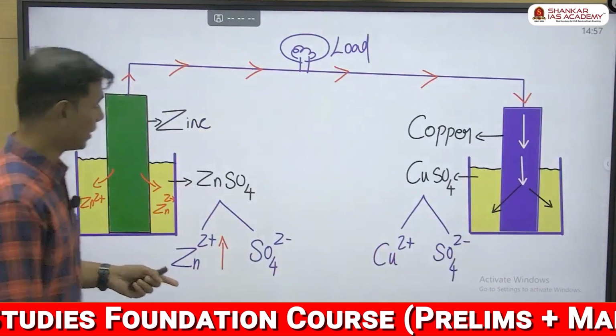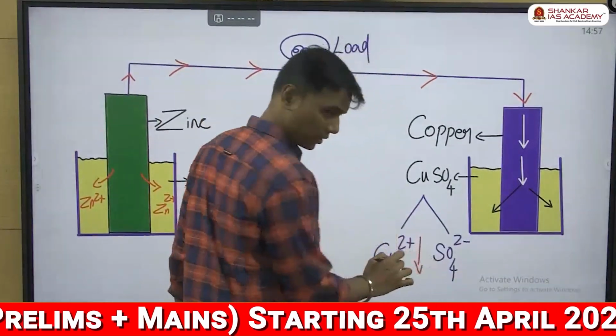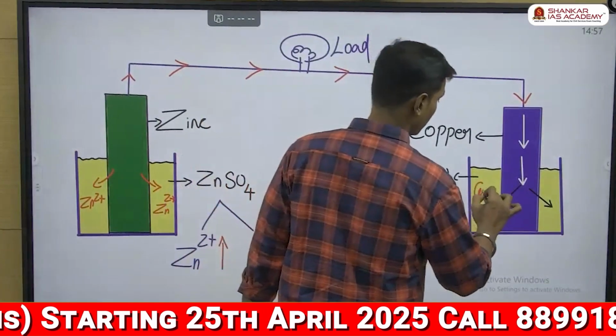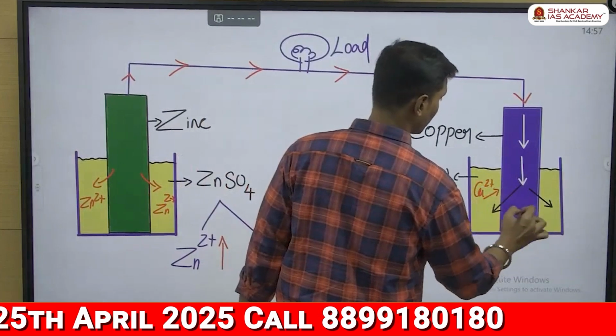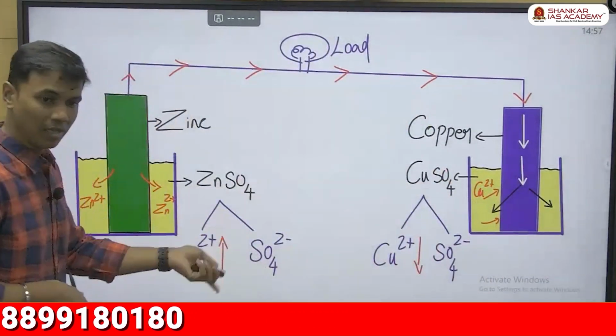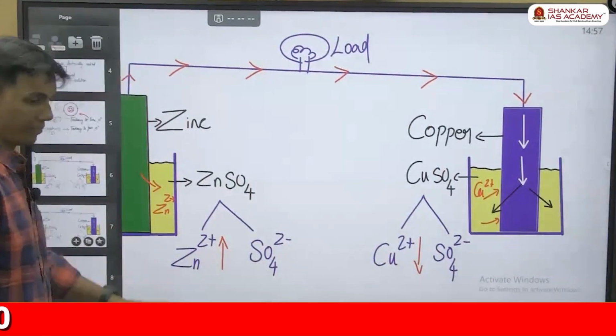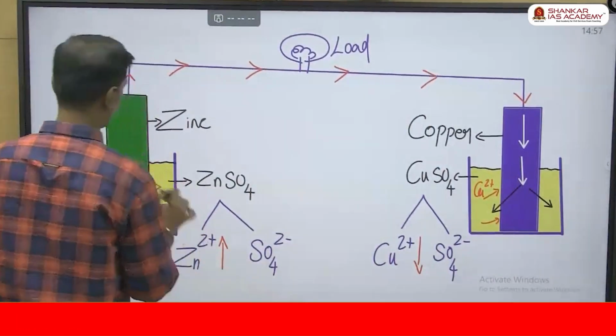Which is growing here? Copper. That's because whenever it settles here, the concentration of Cu2 plus reduces, and the Cu2 plus that's present here slowly settles on the metal itself. One is dissolving, the other one is growing. If you let this cell function for a long time, what will happen? Something like this will happen.